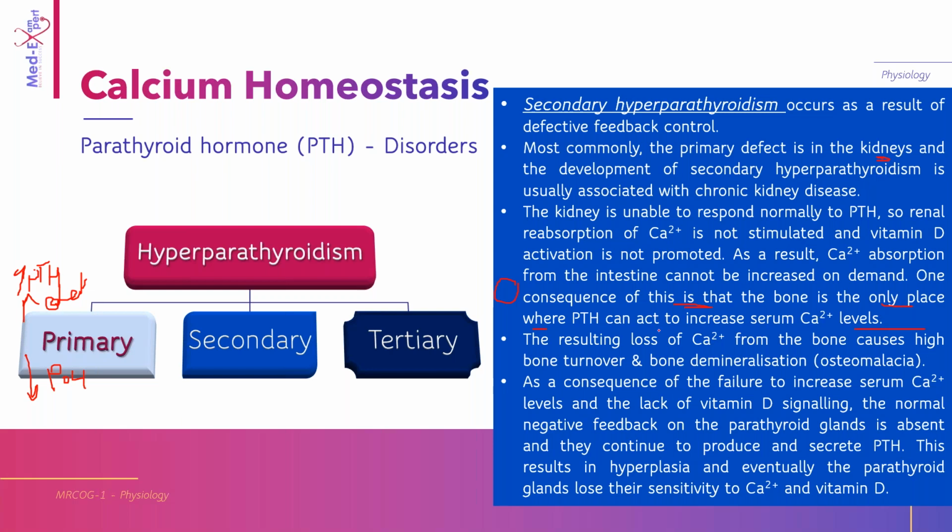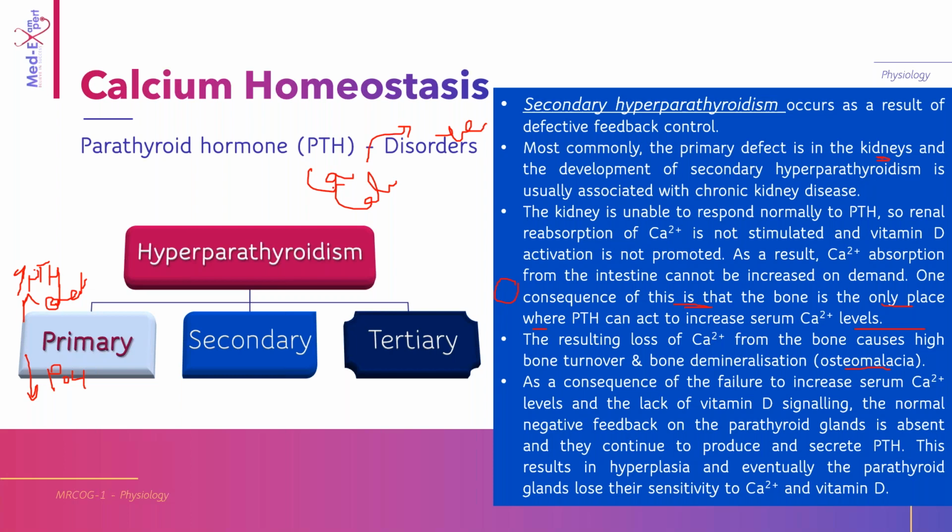So bone resorption will increase, leading to osteomalacia. But this bone resorption or osteomalacia will not be sufficient to normalize the level of calcium, so there will be no negative feedback on the parathyroid hormone. We know that when the calcium level normalizes and calcitriol is present, it will lead to negative feedback on the parathyroid hormone.